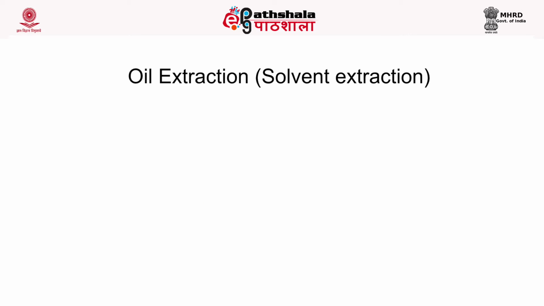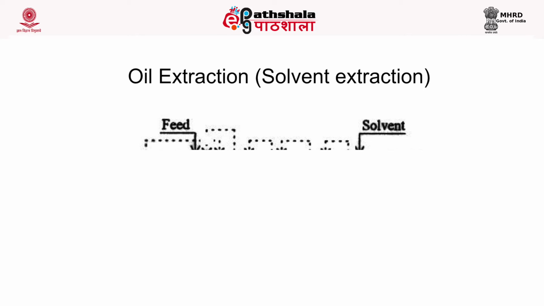Another process, the second process, is the solvent extraction of the vegetable oil from the seeds. In this process, there is a counter current contact between the seeds, or crushed seeds or flakes of the seeds, with the solvent.